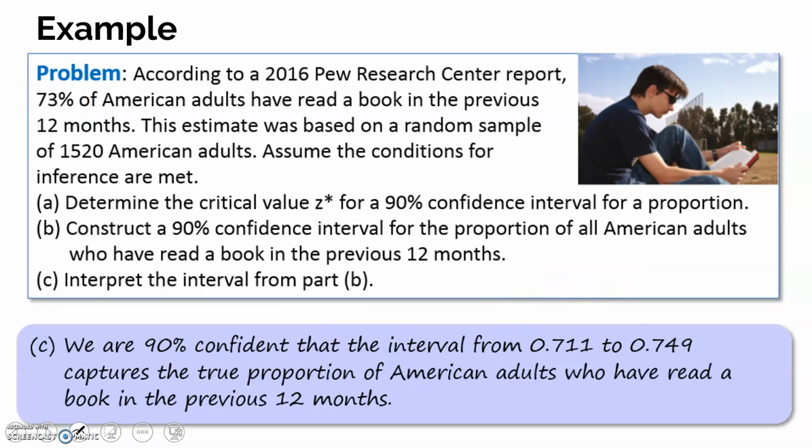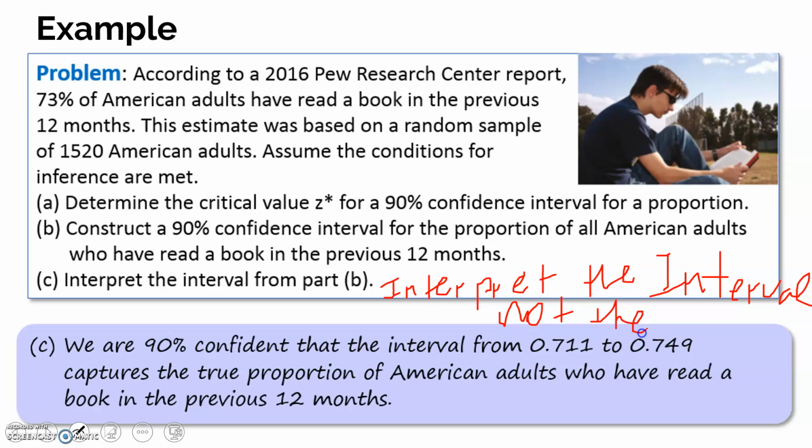So again, we are interpreting the confidence interval and not the level. Interpret the interval, not the level. So what I mean by that is you're going to use this sentence frame.